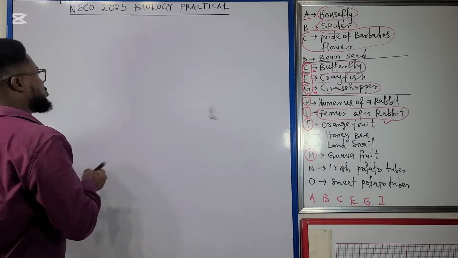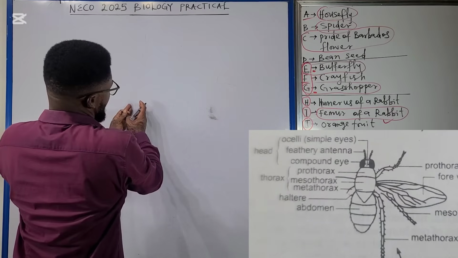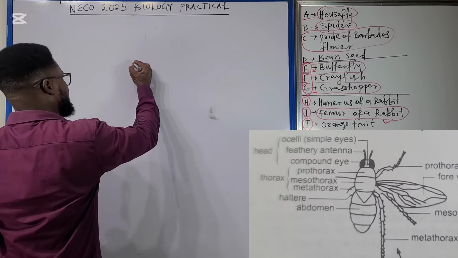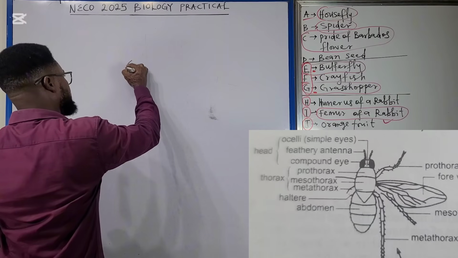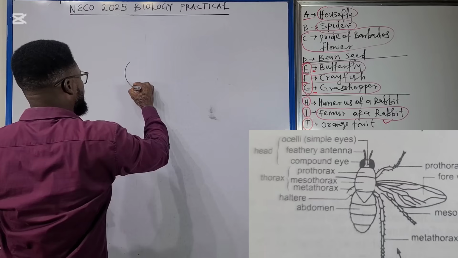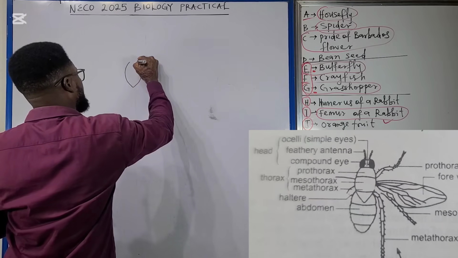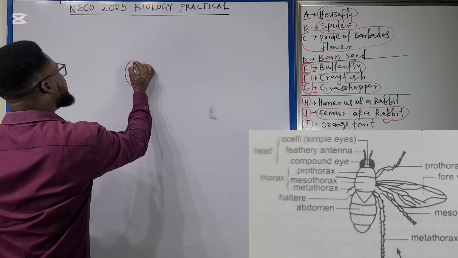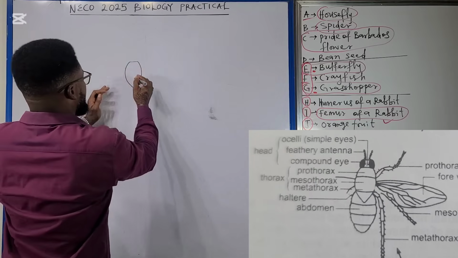The basic plan should be first an oval looking thorax, somewhat like this, and then like this, so that when it stops here, this looks like the thorax.